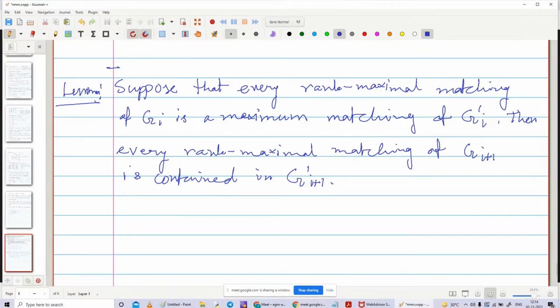So what we have to show now is that the edges that we are deleting in the ith iteration are not part of any rank maximal matching, like the edges of higher rank that we have deleted. So what are the edges that we have deleted? We have deleted the edges incident to Oi and Ei of higher rank.